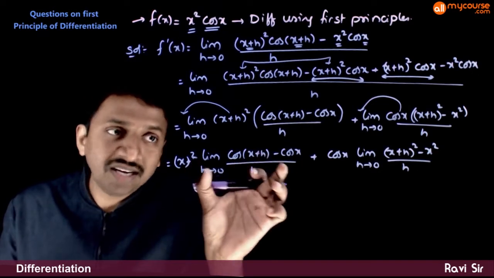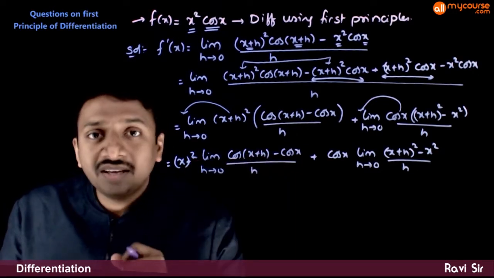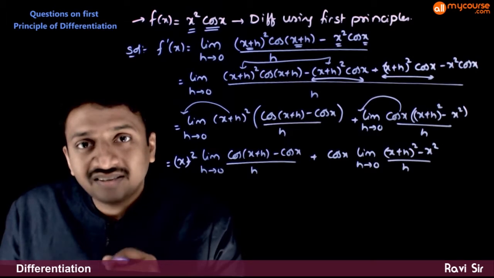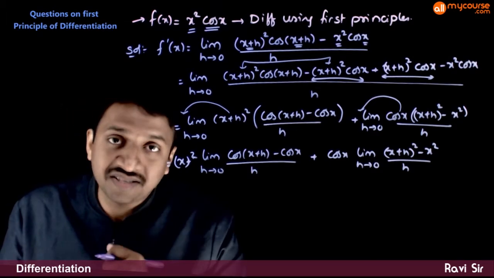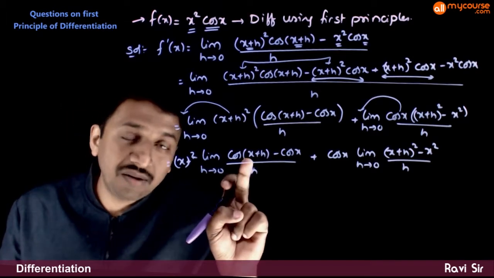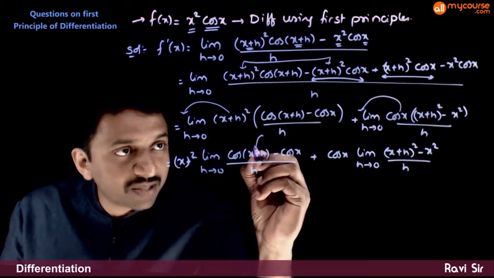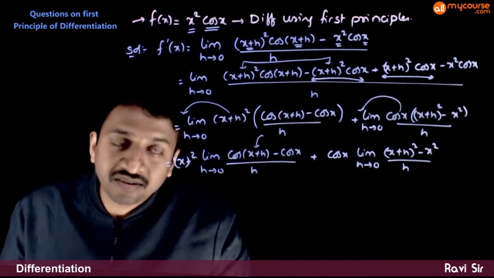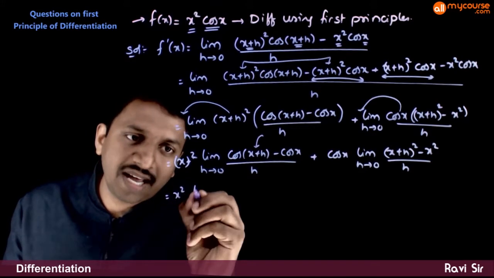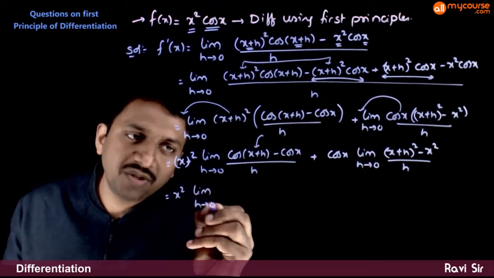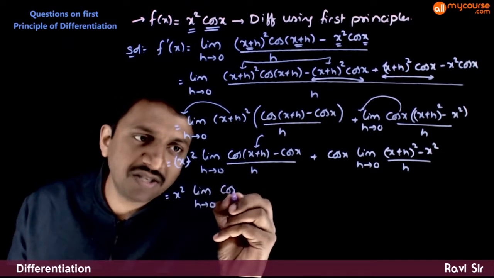This we have already done. So how did we differentiate sin x? So you have cos (x plus h) minus cos x. So cos (x plus h) can be expanded. That is equal to x square times limit h tends to 0. What is the expansion of cos (x plus h)?